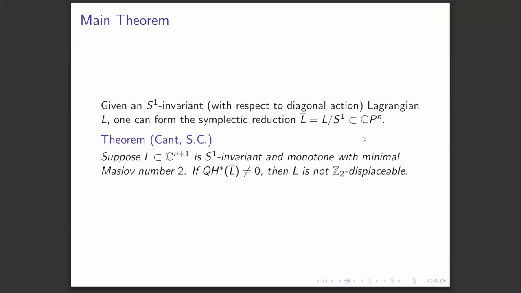Oh, I have a question. Isn't that torus just the not displaceable one? Yeah, in CP2 it's not displaceable, but when you lift it to C3, I mean, what do I say? No. Sorry.